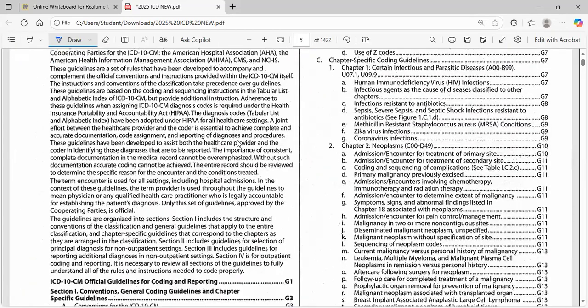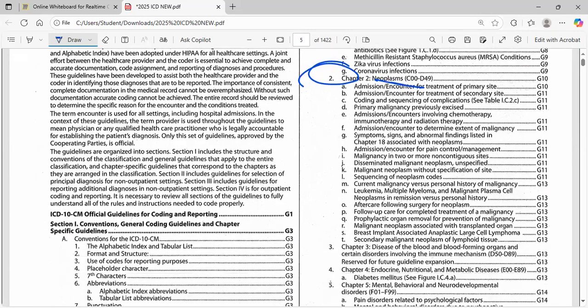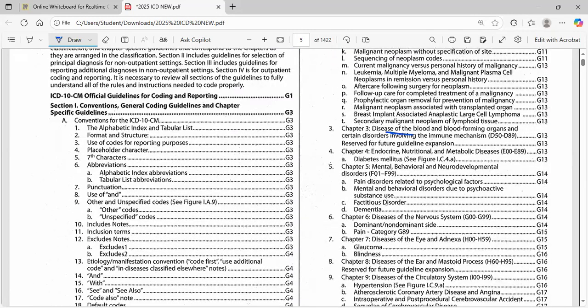So you can see here, our chapter 1 defines certain infectious and parasitic disease codes, from A00 to B99. Chapter 2 will tell us the codes for the neoplasm. Chapter 3 is for blood organs, then mental and behavioral, and 4 is endocrine conditions. So these chapters are divided based on the type of conditions and the body system.